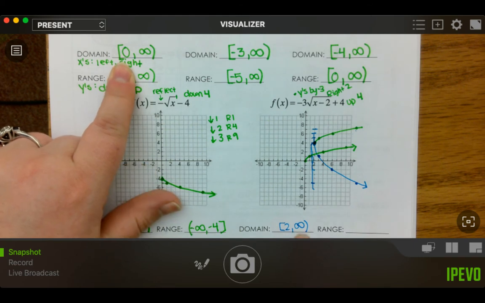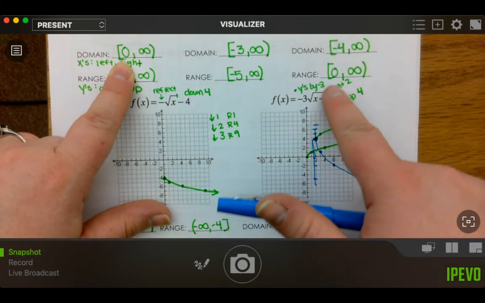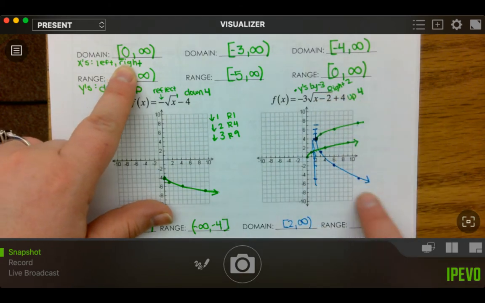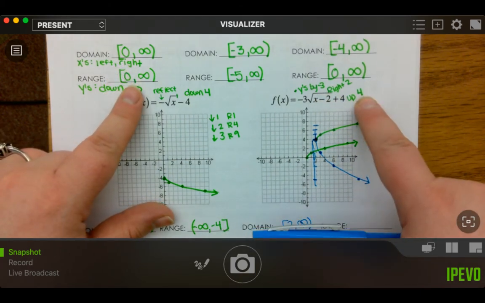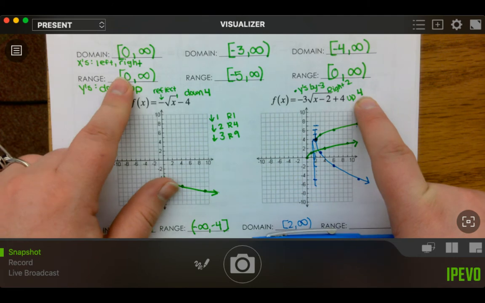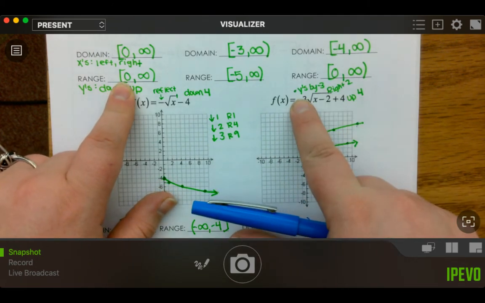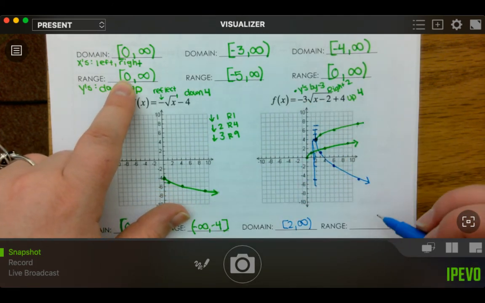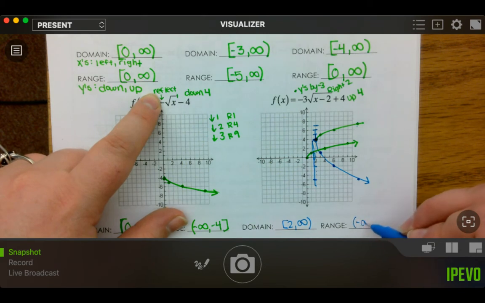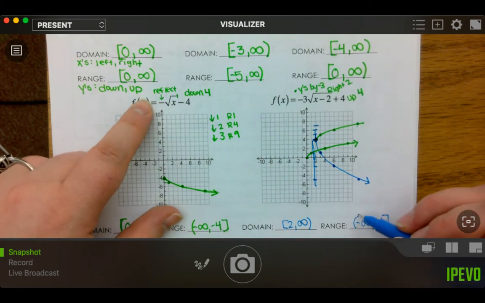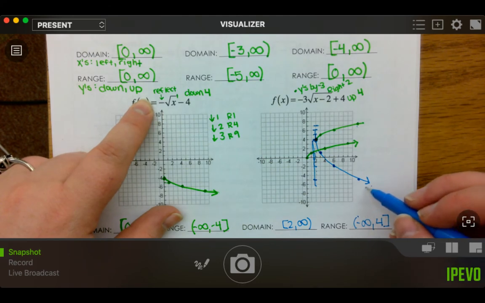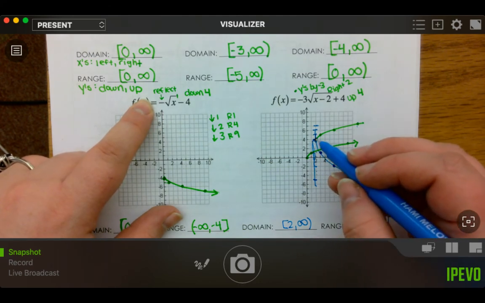So you can almost do this part just by using the x part of the transformations. And then the y part of the transformations moved up 4, so the 0 is going to become 4, but then it went upside down. So instead of 4 to infinity, it's going to be negative infinity to 4. This bottom always goes first, and it's going down to negative infinity, but it stops going up at 4.